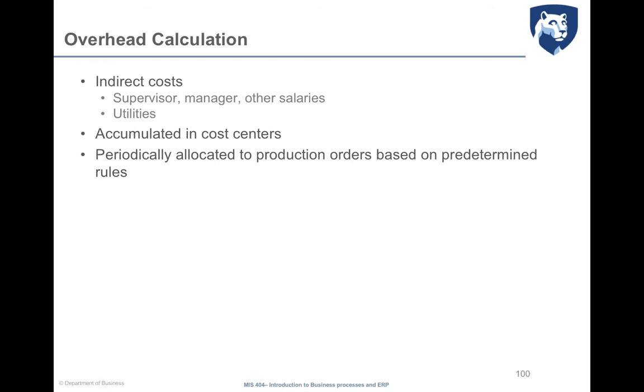Let's start with overhead calculation, which is something really accounting oriented. I don't want to go too much into this, but as it was not present in our example, it's worthwhile to spend just 1 minute on this. The production order, when it is executed in the system, accumulates the direct costs associated with production, like raw materials and labor costs.